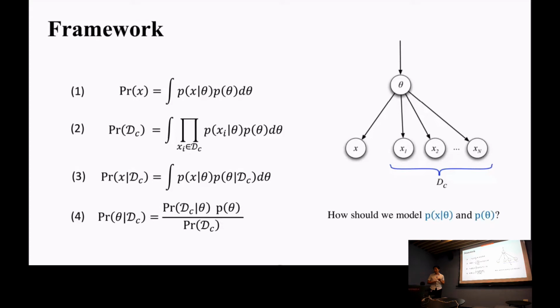This framework is very nice in the sense that you can flexibly design the family of distributions so that you can have an analytical result to represent the probability of the item and the posterior probability.